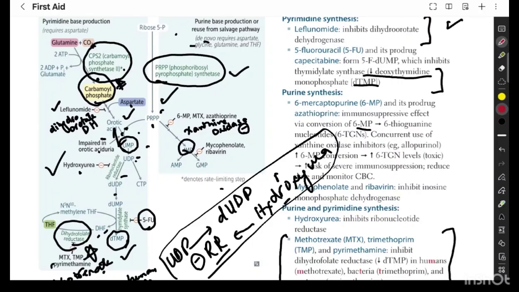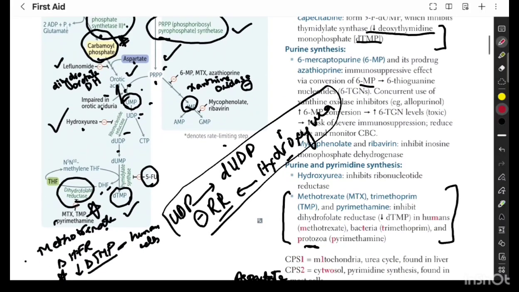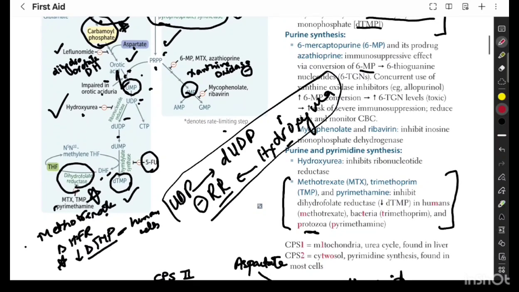Xanthine oxidase normally breaks down 6-mercaptopurine, so when it is inhibited, more is converted into active metabolites, and these are toxic. This leads to severe immunosuppression, so you need to reduce the dose and monitor the CBC, because this can lead to bone marrow suppression, giving a picture of pancytopenia.